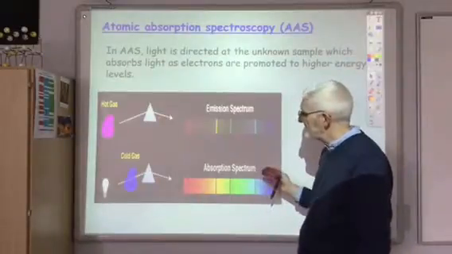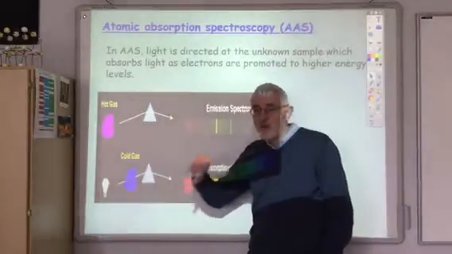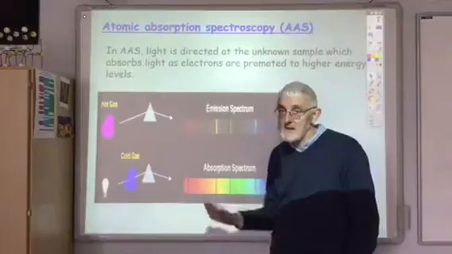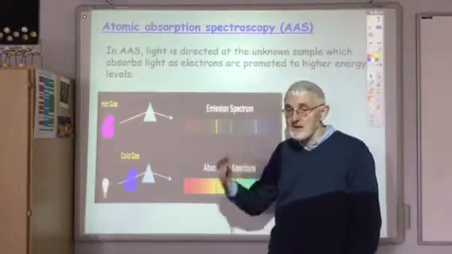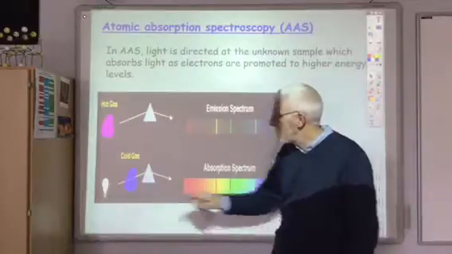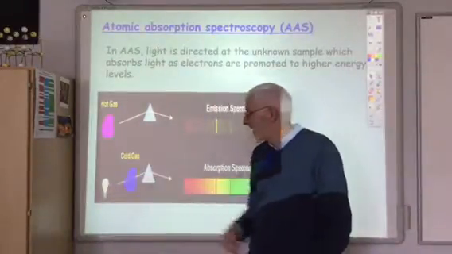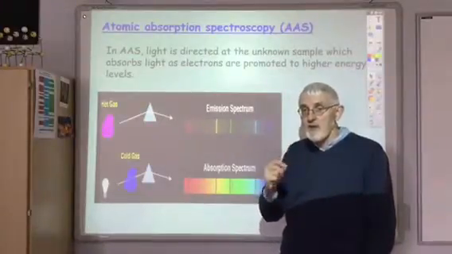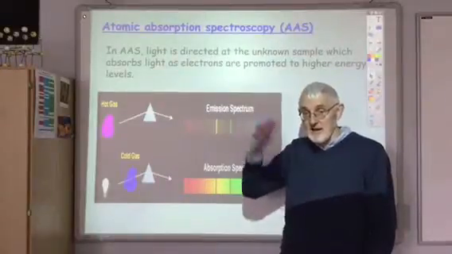In absorption spectroscopy, the gas is cold. Okay, so we're not using heat to excite the electrons. We're not passing electricity through it. What we do is we shine white light through the gas, and the gas absorbs some of those wavelengths of light in order to excite the electrons to a higher state.